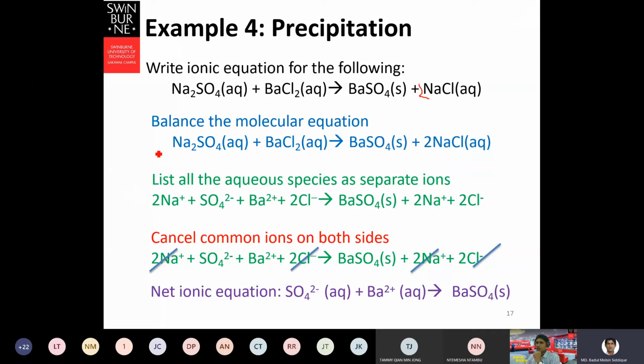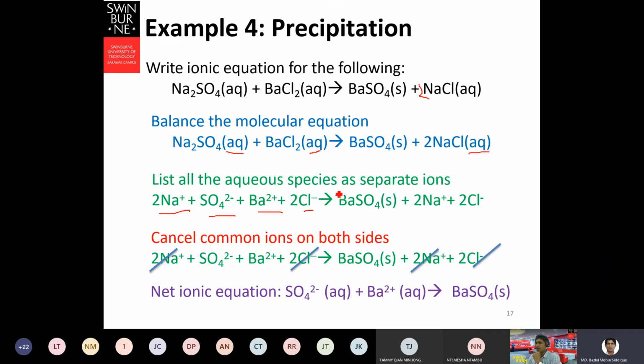Those are in aqueous form. We will write the ionic form of those species, or of the ions. So sodium, sulfate, beryllium, and chloride are all in aqueous form.